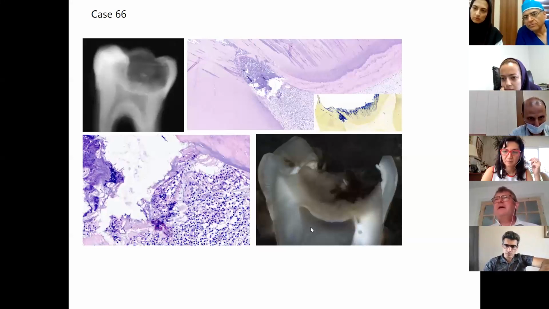Yes, I think it's important, if we are talking about whether or not to cap a very deep lesion, that we use magnification to substantiate our findings.